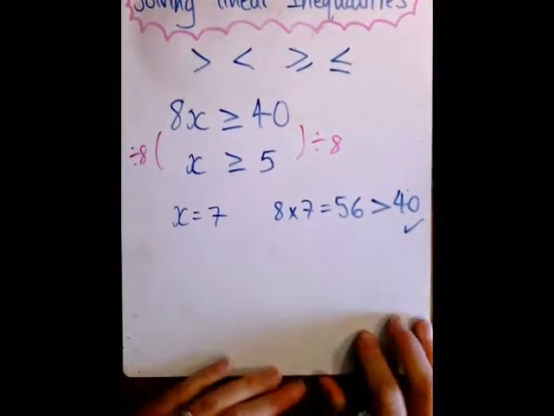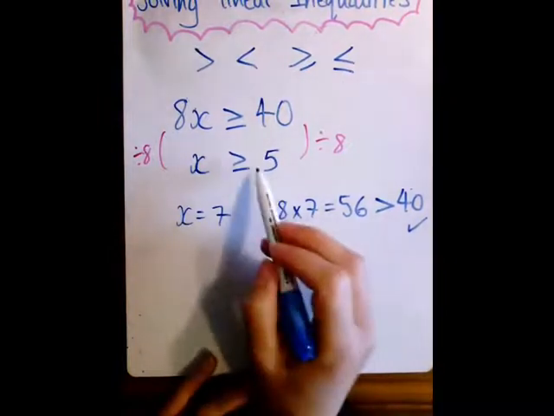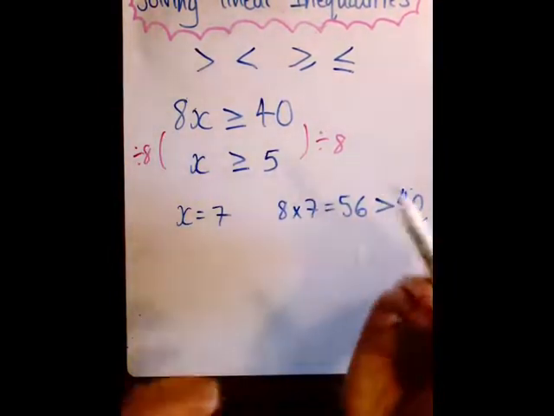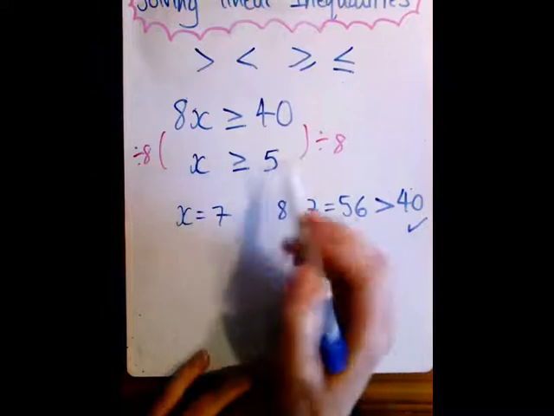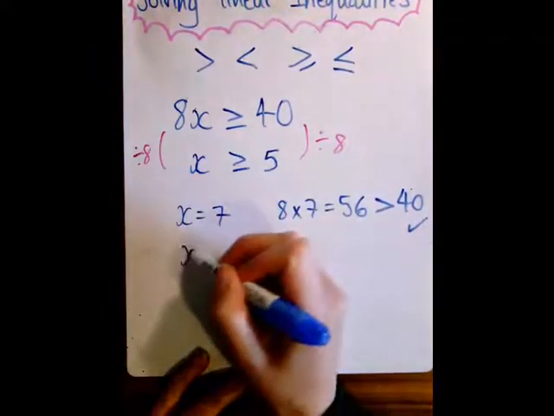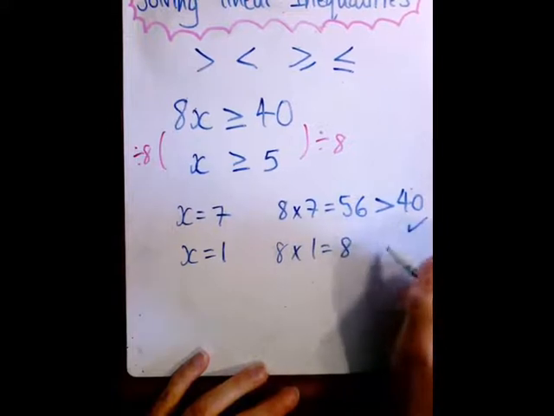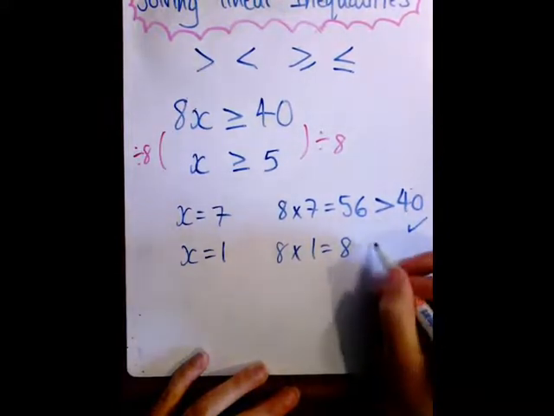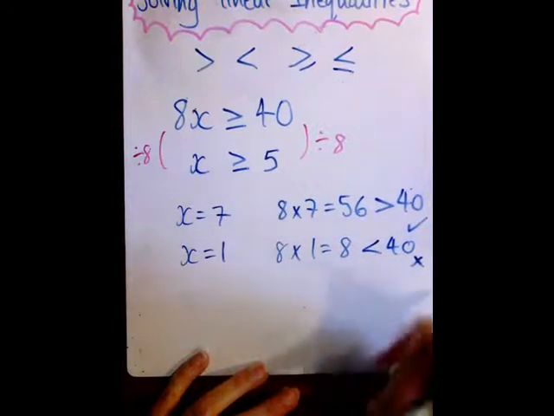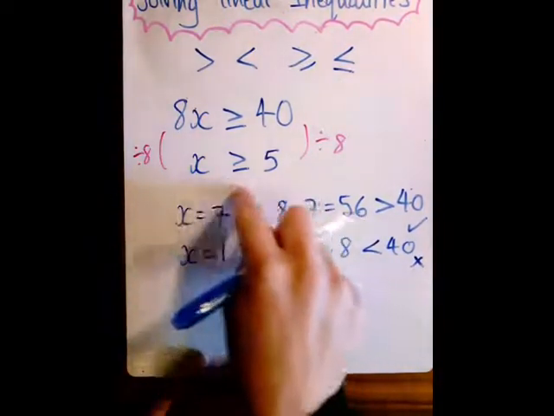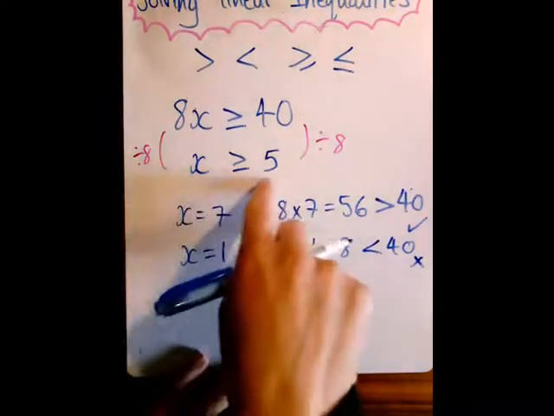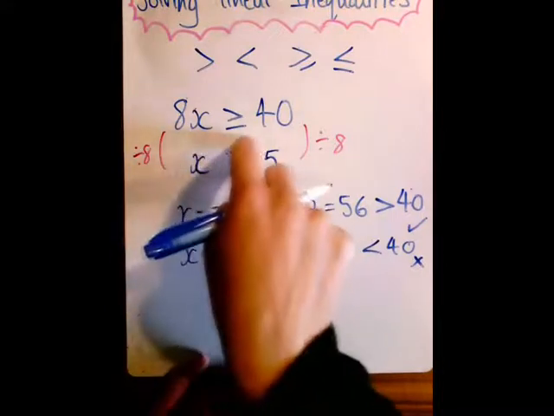And I could try one that is less than 5 to see if that doesn't work, because that shouldn't work. So let's try maybe x is 1, because that's smaller. 8 times 1 is 8, and that is definitely not greater than 40. That's less than 40, so that doesn't work. So it is right in thinking that any value x which is 5 or greater would work for this equation.